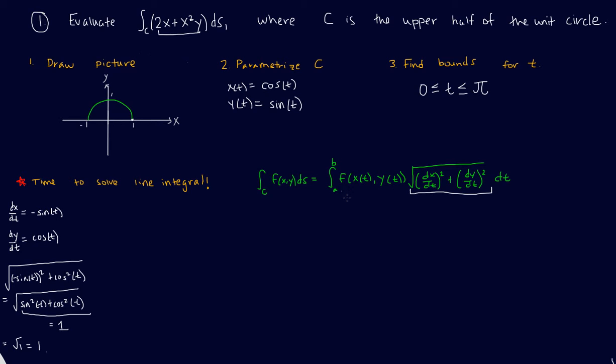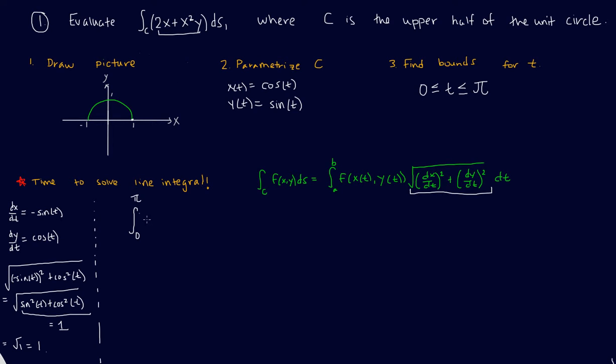Now let's figure out what else we have going on in this line integral. Well, I probably want to figure out what this part is. So let's start writing everything out that we know. Let's figure out what our bounds are. Well, they're 0 to pi. So I'll plug that in. And now I'm going to plug the equations for x and y into my equation for f.